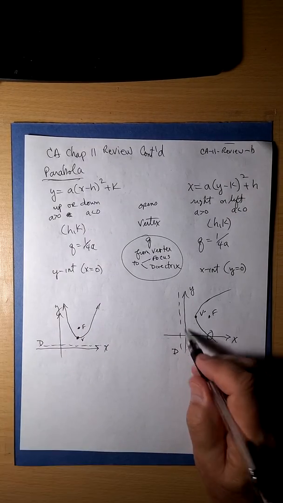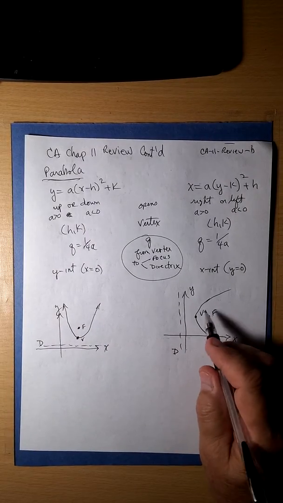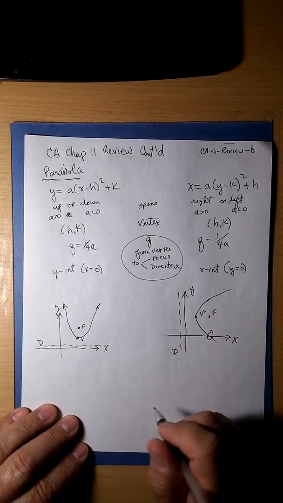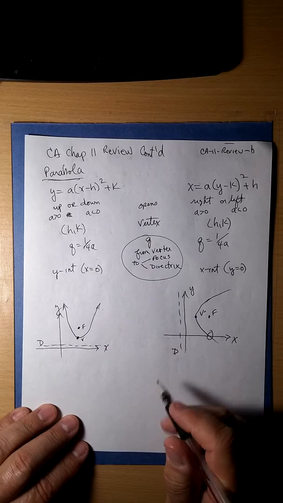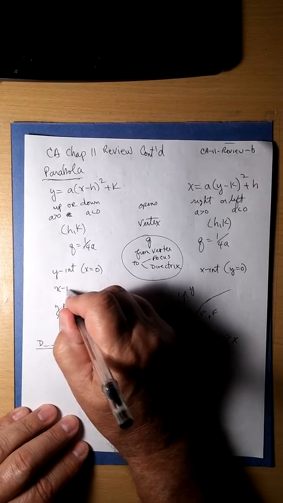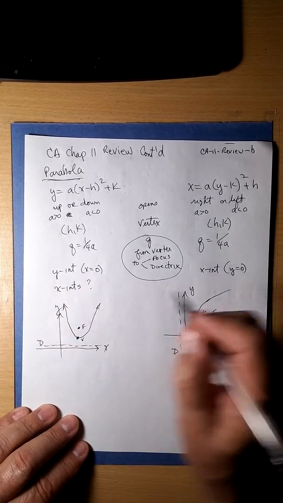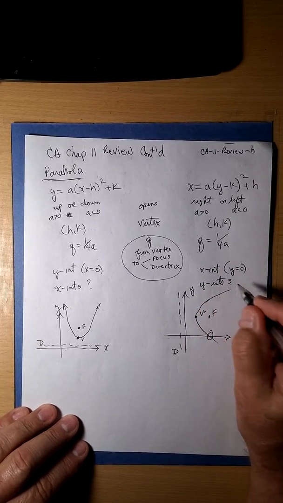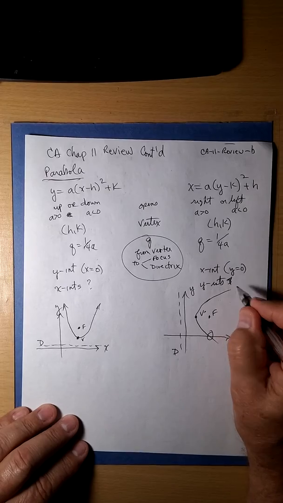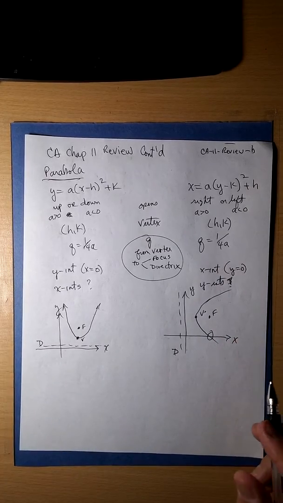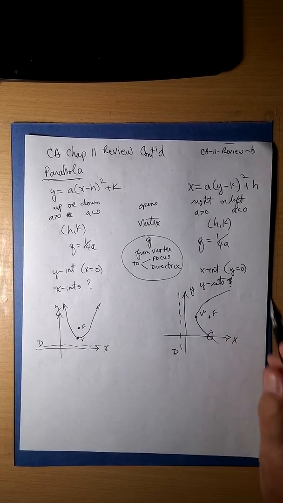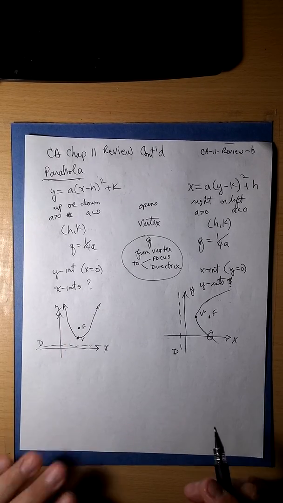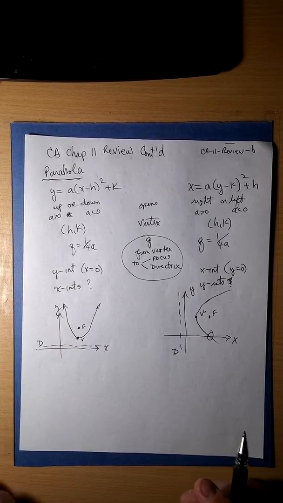It could have y-intercepts here, but for the same reason, if it's opening the wrong way, it may miss it completely also. So you may or may not get intercepts, but you can figure that out by using the quadratic formula. That'll be the zeros, when y is 0 and x is 0.